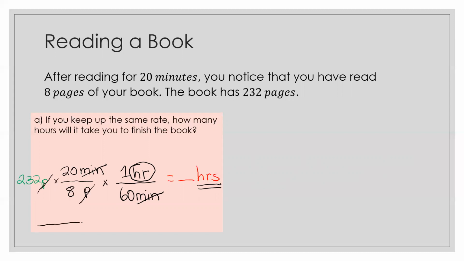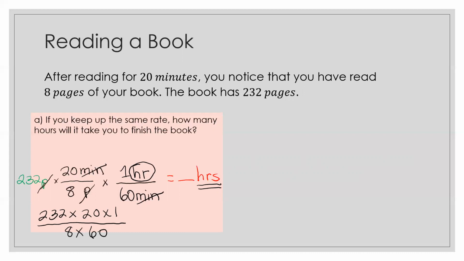Well, this is just multiplying fractions. So to multiply fractions, you multiply straight across, right? So 232 times 20 times 1. And on the denominator, you have 8 times 60. And you throw that into your calculator. I'm going to grab mine. You should grab yours and try this.